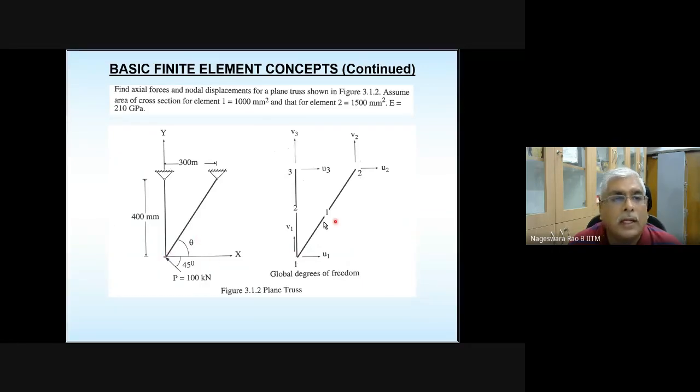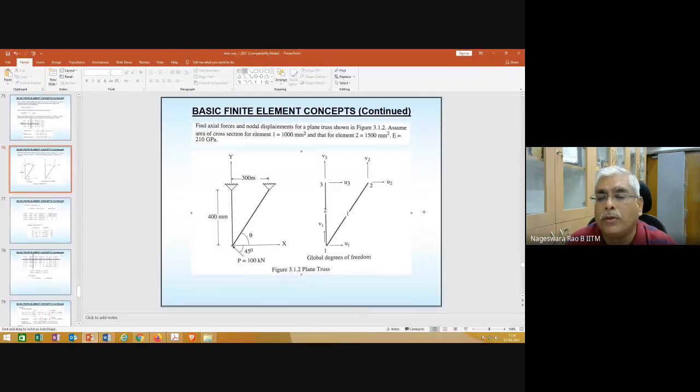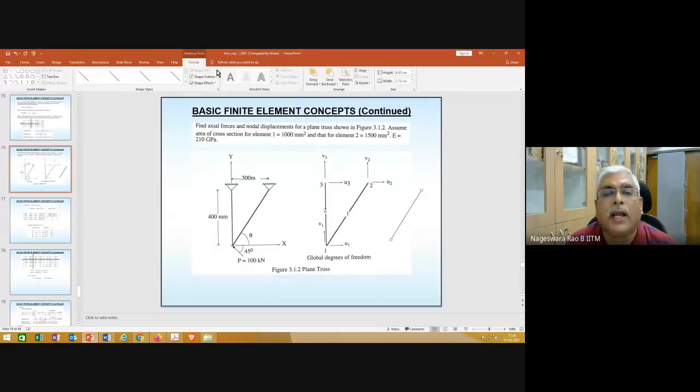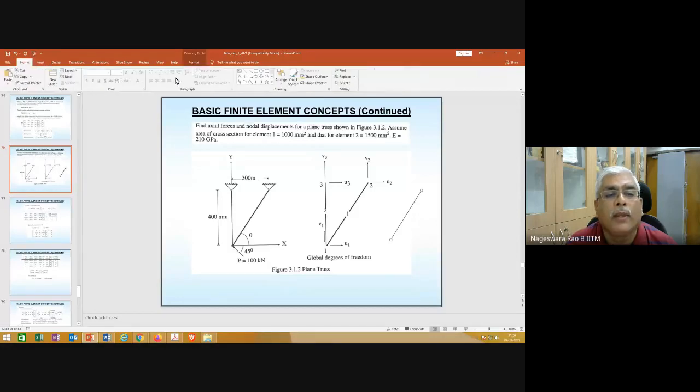Let me quickly show you. Maybe it takes time to draw that. Let's say I have this kind of thing. So now you will understand what is the beauty of this finite element method, okay?